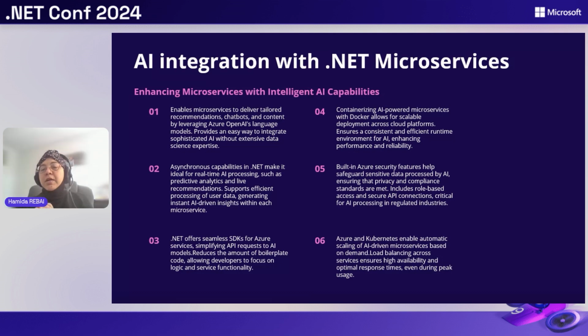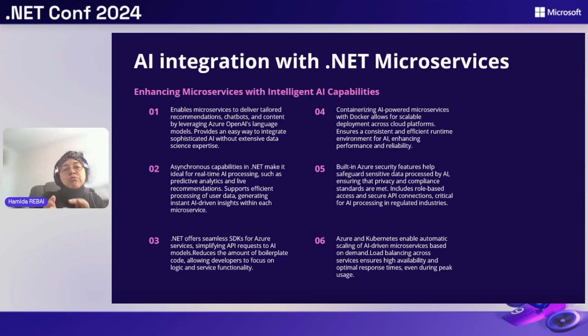So to enhance microservices with intelligent AI capability, we can enable microservices to deliver tailored recommendations. We can integrate chatbots. We can generate specific content. We can have a blog with e-commerce that recommends to a person a specific article, for example.